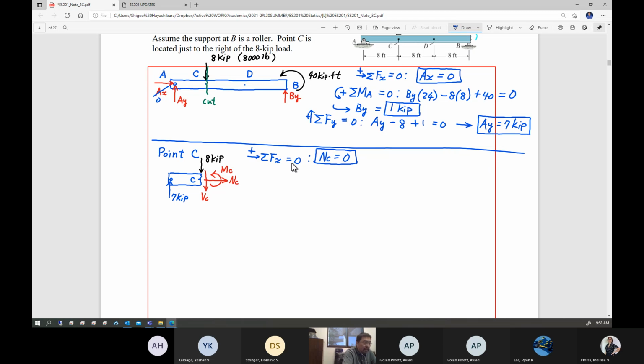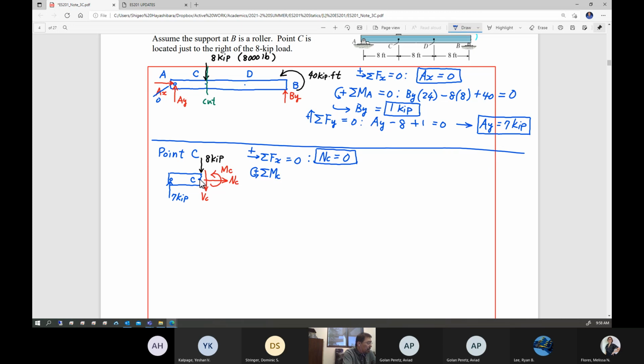Sure. And next thing is summation of the moment. You can take the moment at any location. Let's just take it at C, right here.